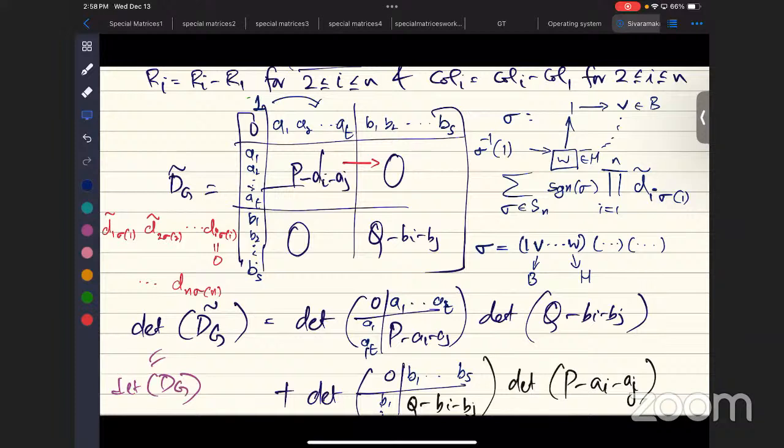For the same sigma, all cycles are in H, or all cycles are in B. What if one cycle is entirely in B and one cycle is entirely in H? That cannot happen. I think that doesn't follow from the argument. In the same sigma, one cycle is entirely in B, another cycle is entirely in H. Is that okay? That is okay.